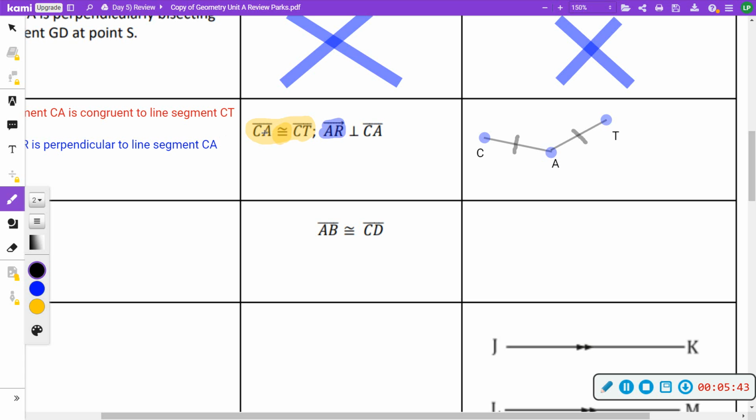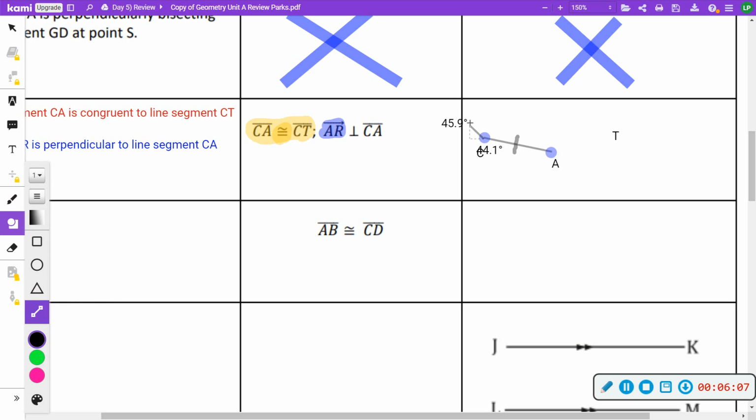So I took care of the first part. I drew CA congruent. And this is actually CA congruent to AT. So I need to fix that. Get rid of that part. Because this should be CA to CT. So I need to make the line on this side, over here. And it should be the same length.